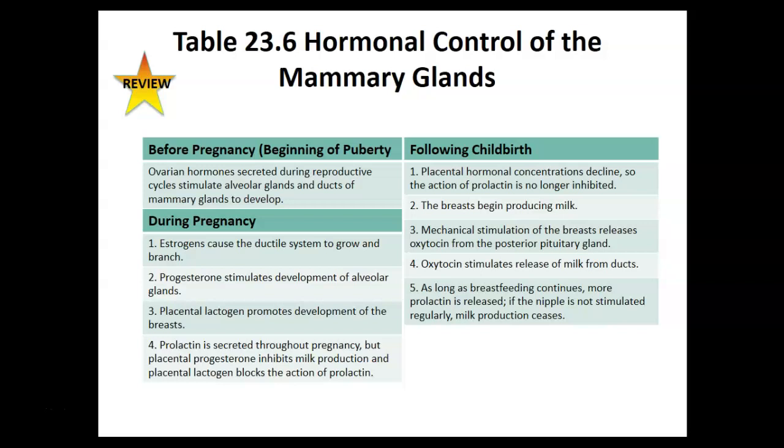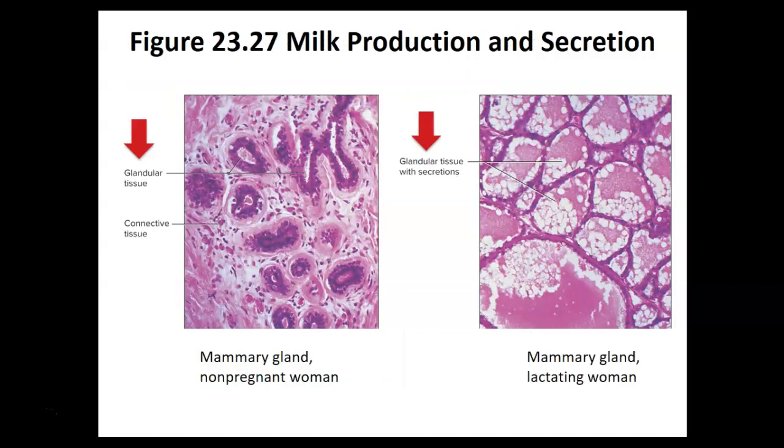All right, so this is a review of basically everything that we've talked about. Use this as your study slide. I think this is really, really fascinating. This is a mammary gland. This is a slice of tissue from an actual woman's breast when she's not pregnant. And this is a slice of tissue from a mammary gland from a woman who's lactating. Notice the huge difference in how it looks.